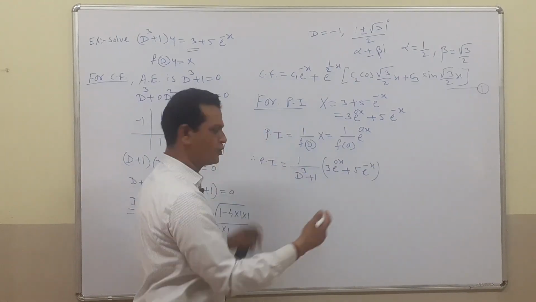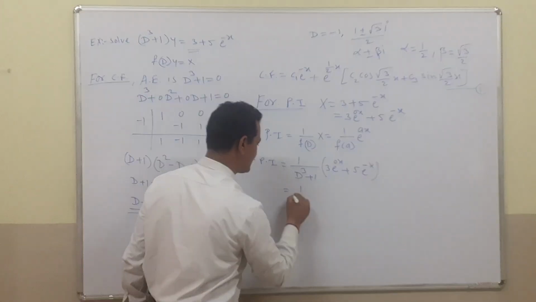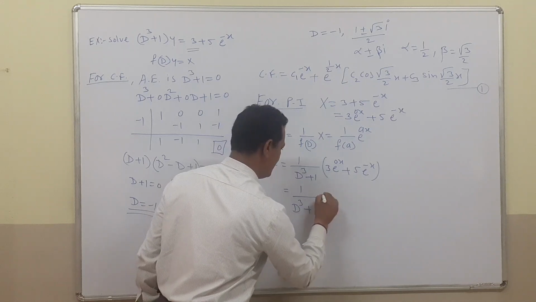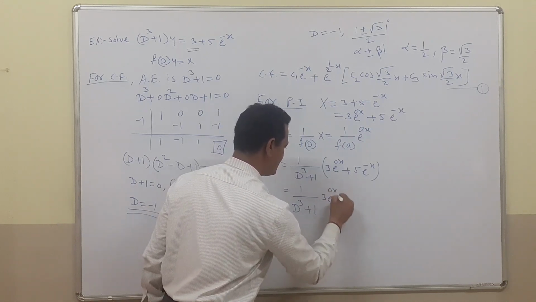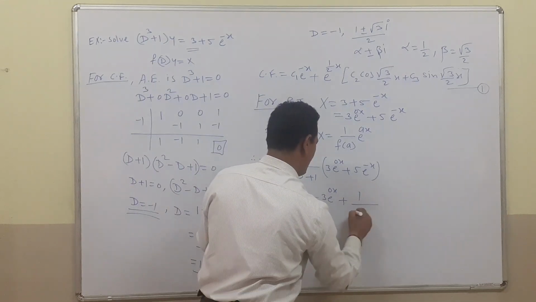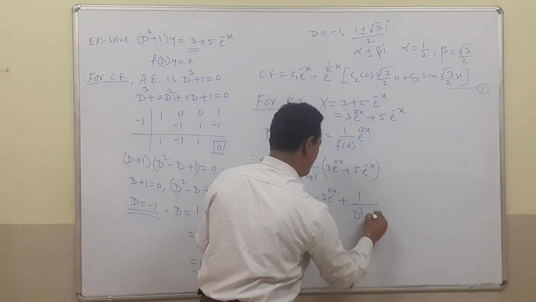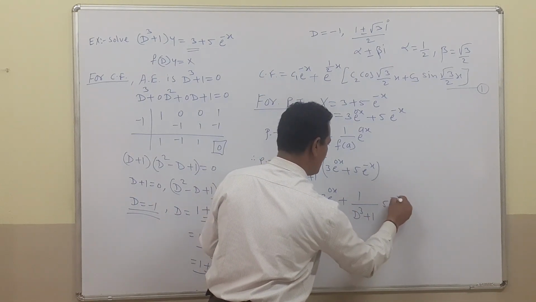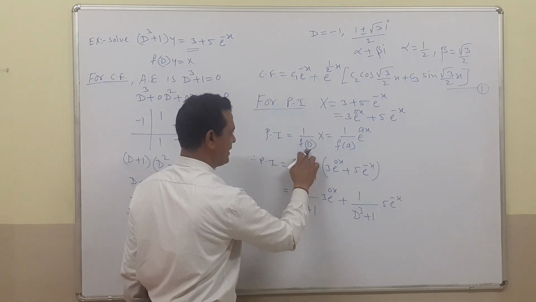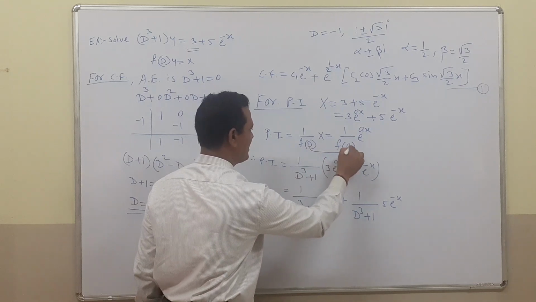Now this is again the sum of two terms, so let's split it into two parts. We can write this as 1 upon D cube plus 1 into 3 e raised to 0x, plus, the middle sign being plus, 1 upon D cube plus 1 into 5 e raised to minus x. Now apply the formula, replace D by a.